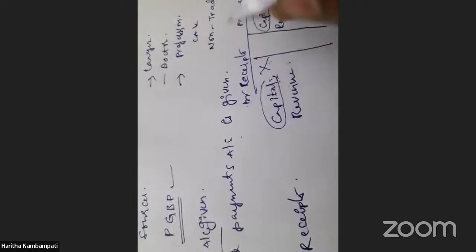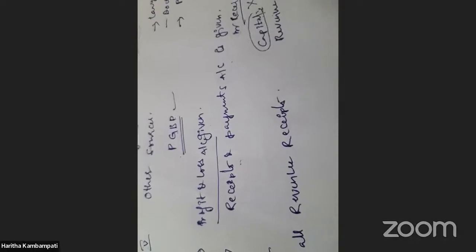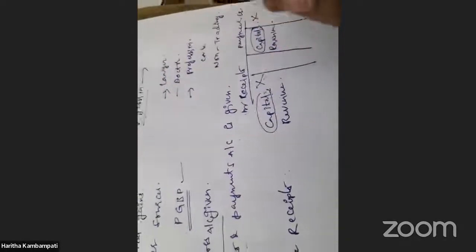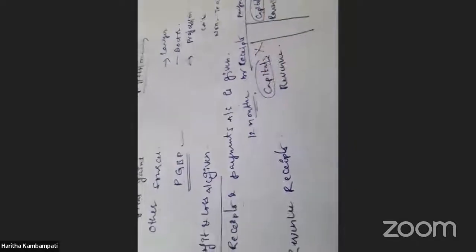Usually, the receipts and payments account includes all the cash transactions pertaining to a period, which is usually a 12-month period.